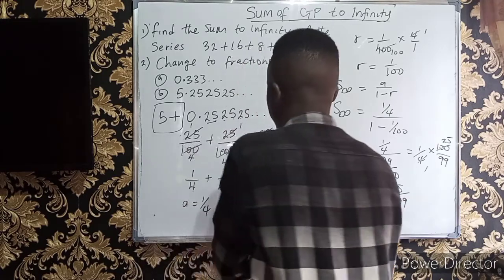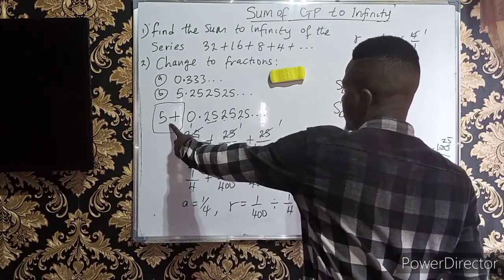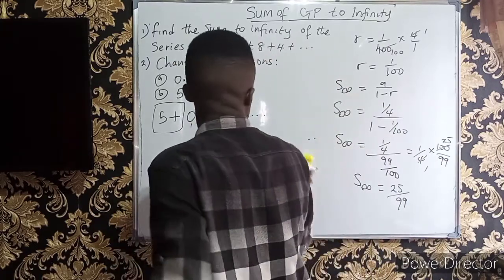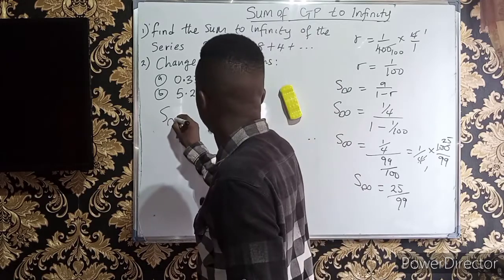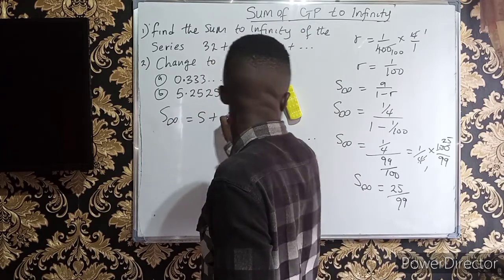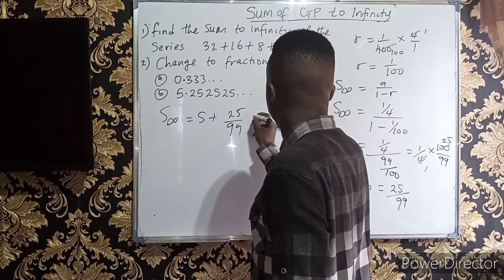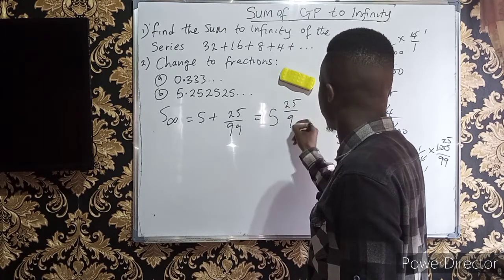This 25 over 99 is for 0.252525. But remember, we dropped 5, so we can add 5 to it. So remember, we dropped 5 in the beginning. So my S infinity, what I'm looking for, will be 5 plus 25 over 99. If I like, I will call it 5 fold number 25 over 99.